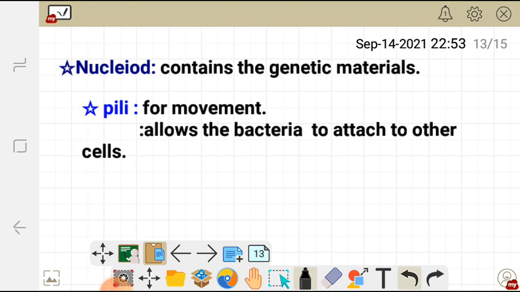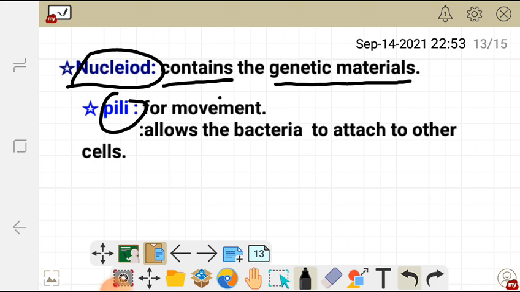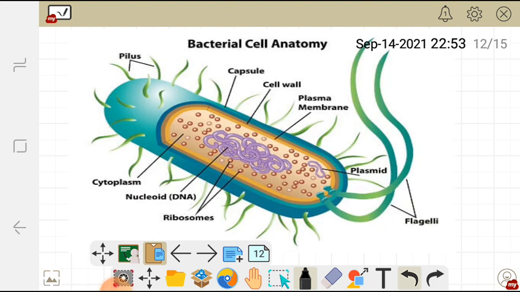And then the other parts are the nucleoid and the pili. The nucleoid only contains the genetic material. The nucleoid is this part here, which has a coiled structure, and it contains the DNA of the prokaryotic cell.